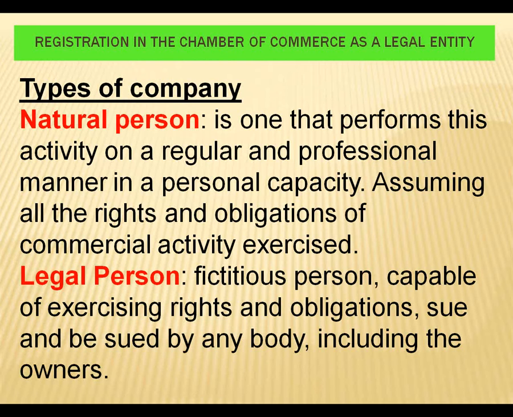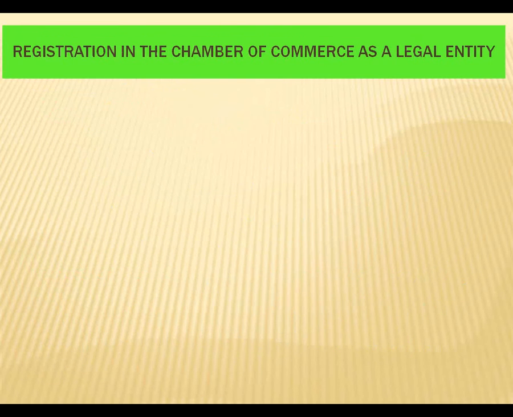It's only a name, and behind that name are the owners of the entity, but the person itself is fictitious, and it is capable of exercising rights and obligations, sue and be sued by anybody, including the owners. Okay, the owners work for that legal person, and they can even sue their legal person.